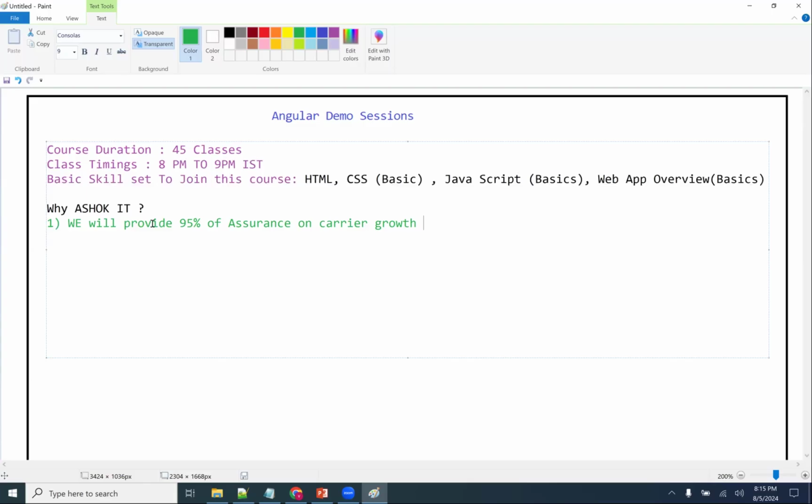That's what I mean to say. A lot of people may not, I don't know, but Ashok IT is going to provide 95% assurance, guys, from a career growth point of view.